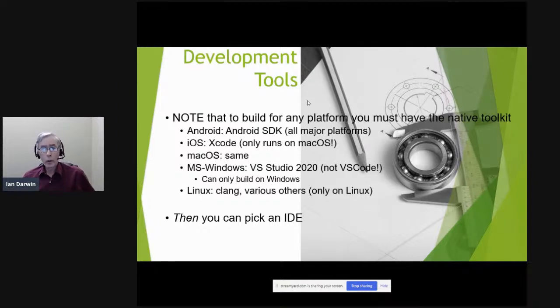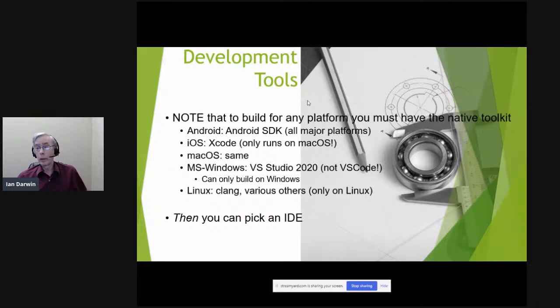Well, not to be done, Windows is the same way. You need Visual Studio, I think it's 2020. Read the install guide, not VS Code. You need the full version of it. And that only runs on Windows. So you are having to run on Windows. And for Linux, you need Clang and a few other smaller packages.